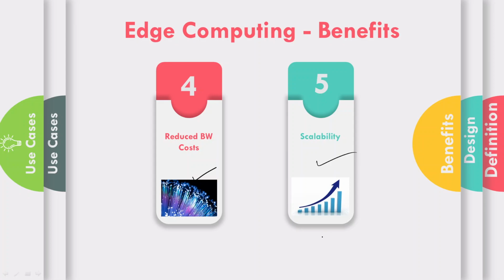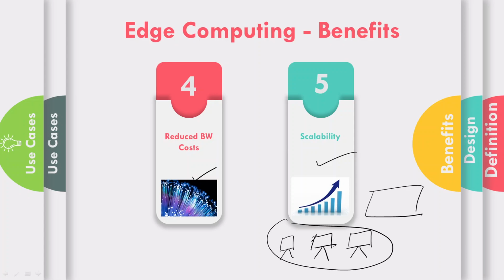Scalability means that since we have processing and storage and all the applications closer to our edge, now we can add many more devices, many more clients inside our organization without worrying about their bandwidth, performance, or latency problems. Now we can scale all these clients and devices without any worry.